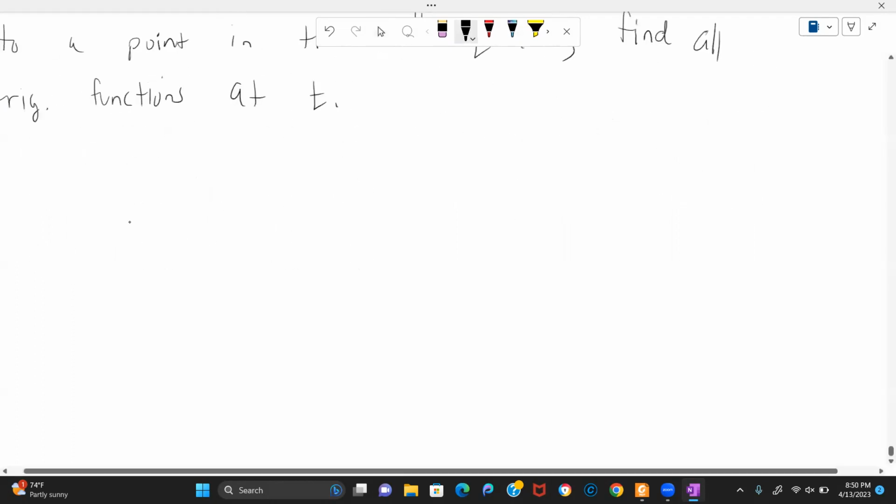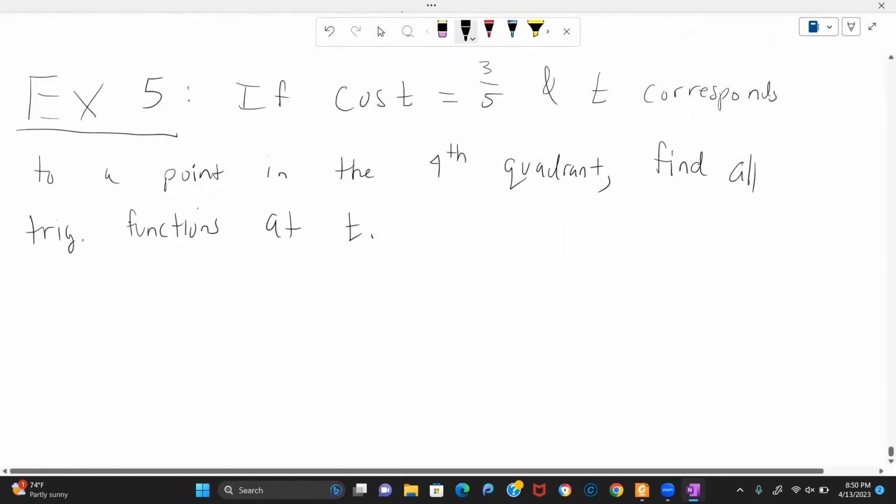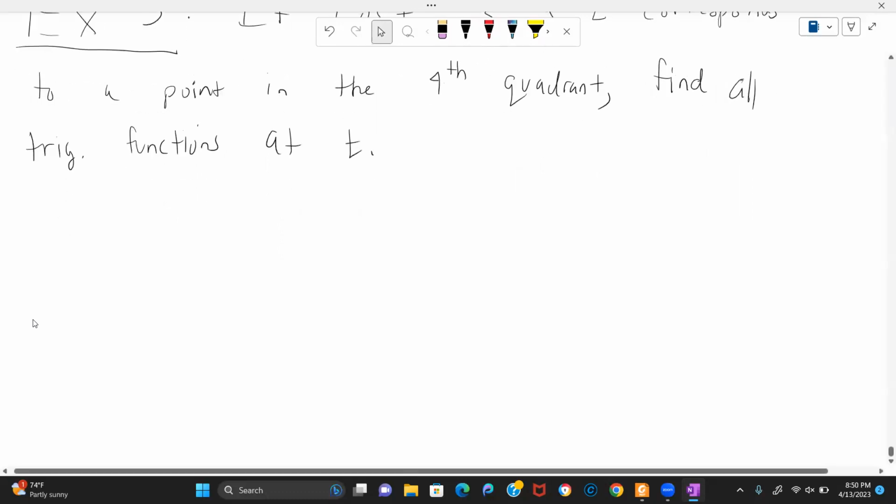Then we want to determine all the other trig functions at that point. If we know cosine of t is 3/5, and we can figure out what sine of t is, then we get all the rest of the trig functions for free, because they are all defined in terms of sine and cosine.